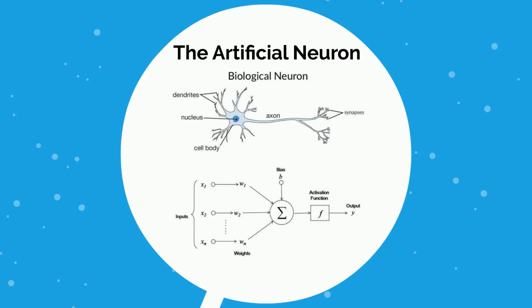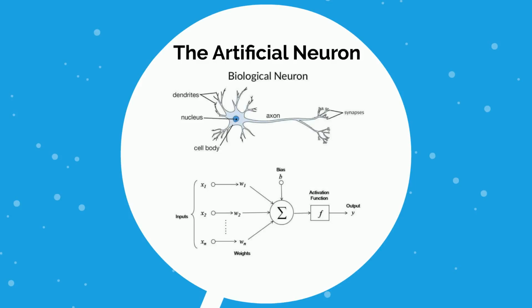So an input with a large weight is going to have a larger representation in the final output than an input with a small weight. We also have what's called a bias value. The bias value is typically just 1, and this is to ensure the ability of the network to generalize to new information. We'll talk more about bias values later. In our artificial neuron, we also have what's called an activation function.